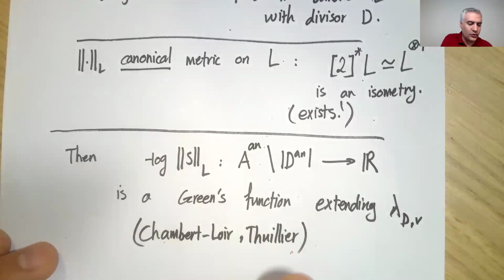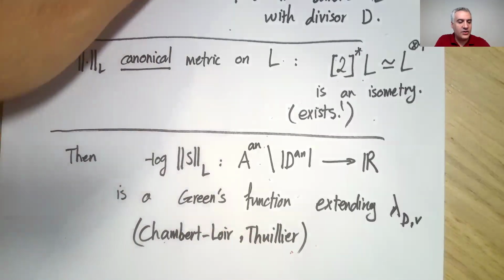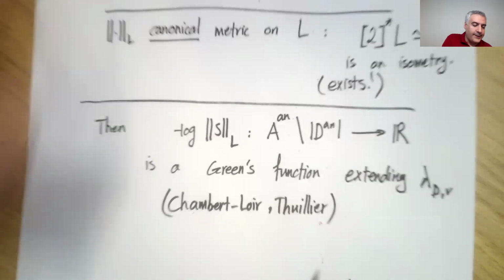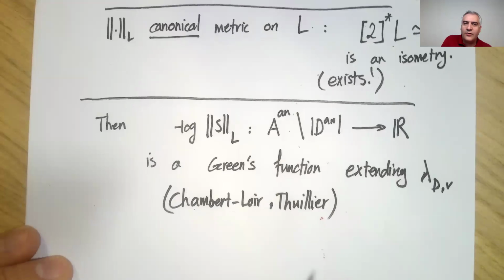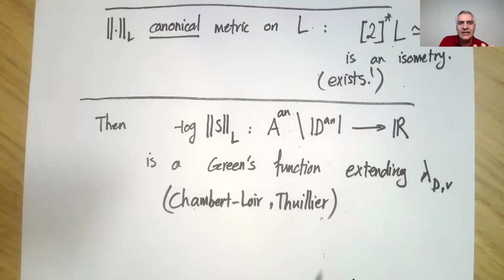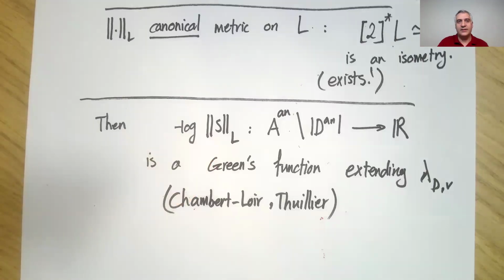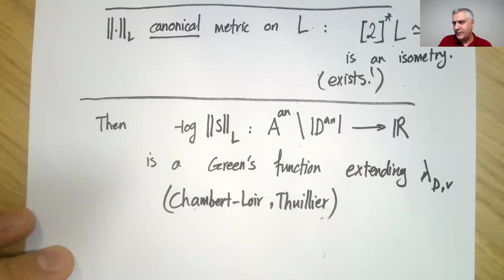Certainly, they explicitly show that such functions are Green's functions in a sense. Okay, so we are on the right track. This is saying that I had this function that I want to understand. It turns out this function, not only on the classical points, one should look at it. One can give an analytic expression on the entire Berkovich space. But I mean, this was more or less known.